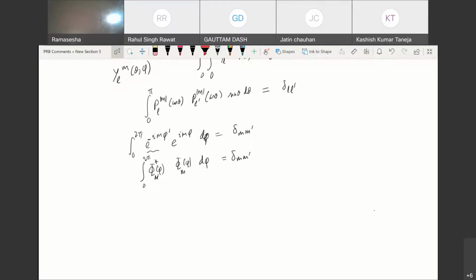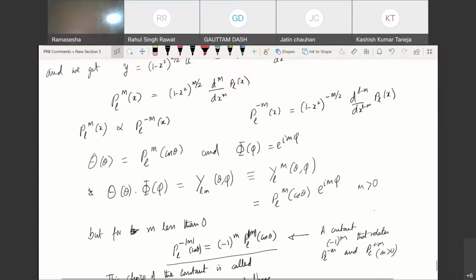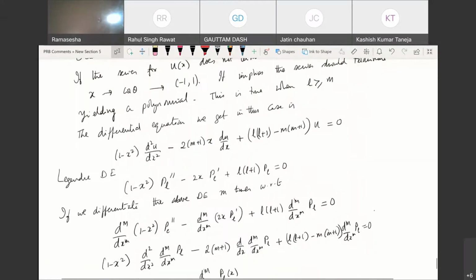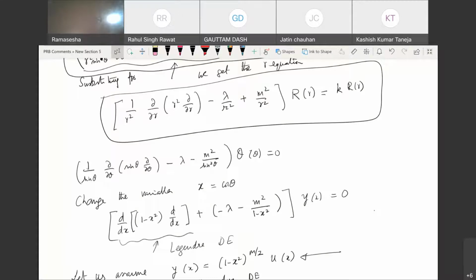I will not go into more details because it is going to be covered in the book, and also I think spherical harmonics and other products will come up again. So this was okay.